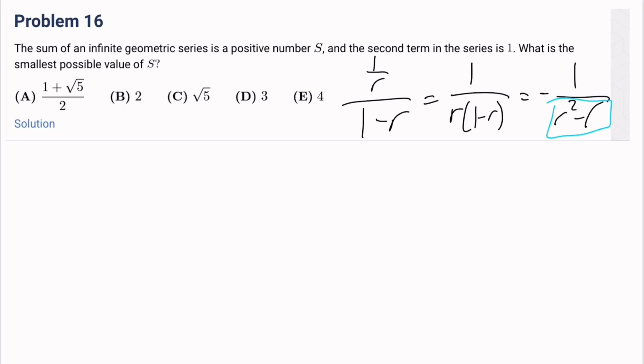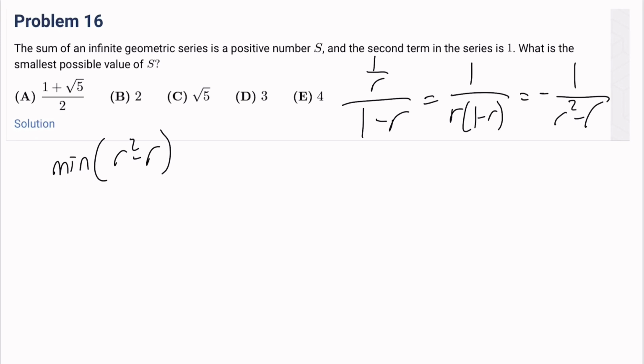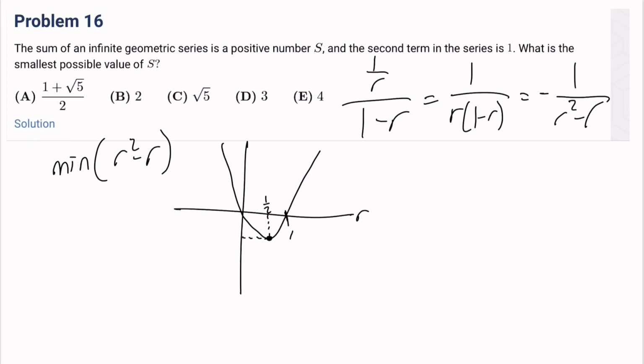We need to make r squared minus r as small as possible, right? And so the minimum of r squared minus r, if we draw a coordinate plane right here, then let's say this is the r-axis, and r squared minus r would go like this, and this would be 1, right? And so the smallest possible value occurs when r is at the midpoint, r is 1/2, and then the minimum point would be 1/4 minus 1/2, so that would be minus 1/4, right?